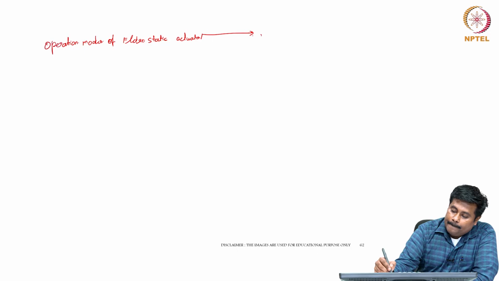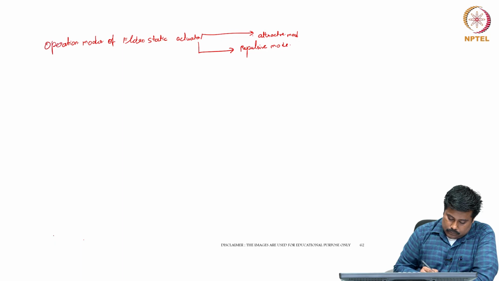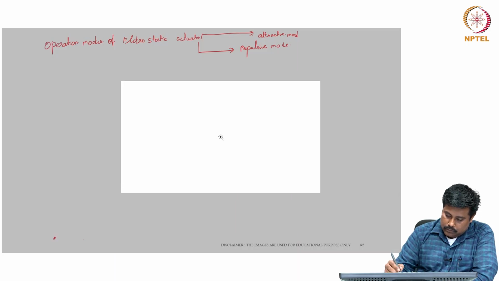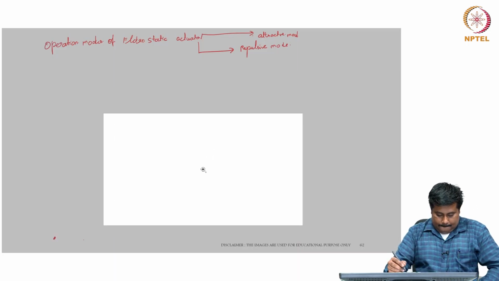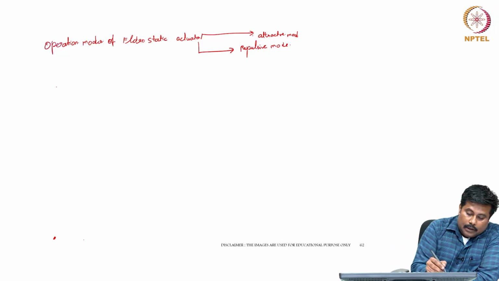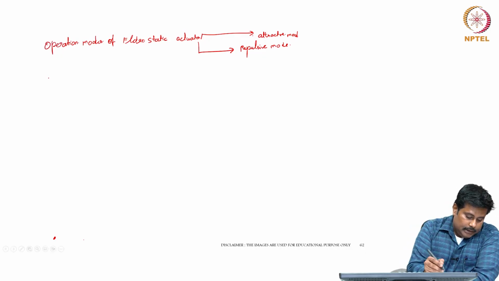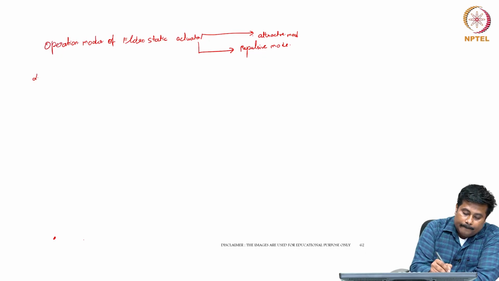One is called the attractive mode, the other one is called the repulsive mode. So let us consider the first configuration, which is a levitation comb drive actuator.